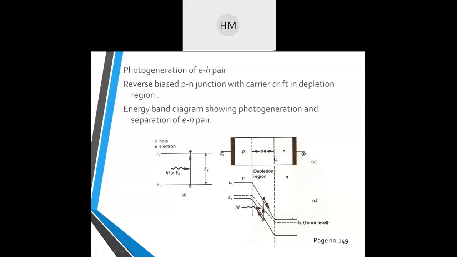So please students, draw this diagram in your copy. This is the structure of the reverse bias PN junction. B diagram, the PN junction.